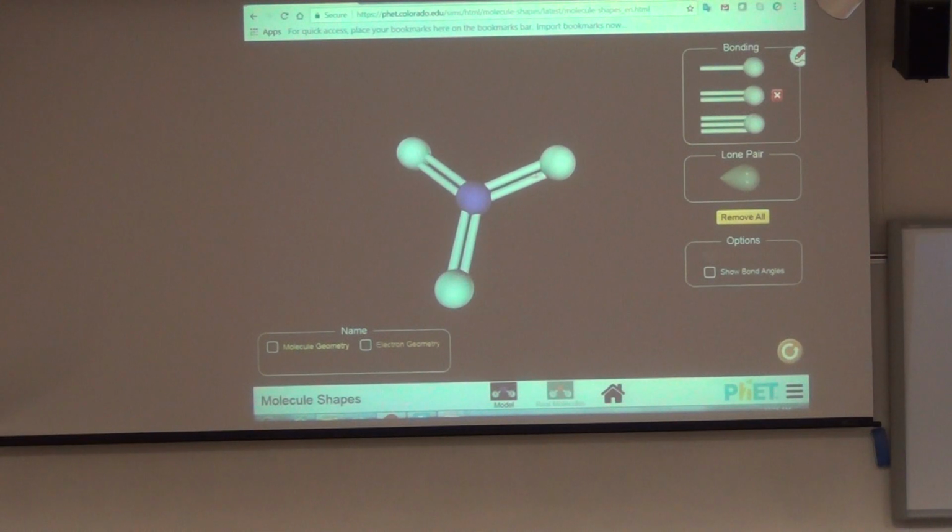This electron cloud is repelling these electron clouds, but this electron cloud is repelling this electron cloud, and they all want to get as far away from each other as they possibly can.